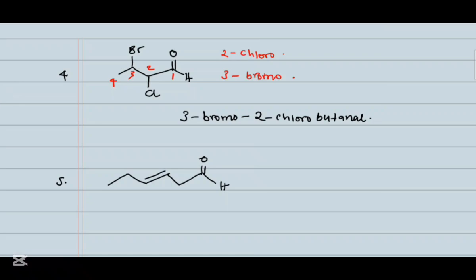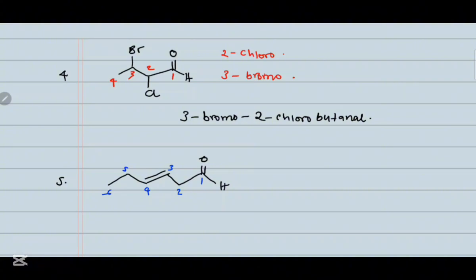The first thing you should always do is count the number of carbons. Start from here: number 1, 2, 3, 4, 5, and 6.